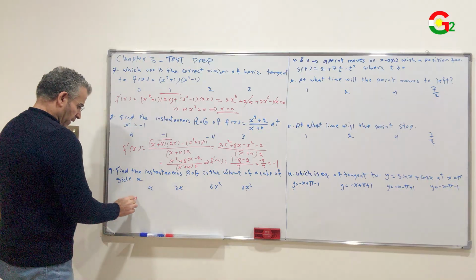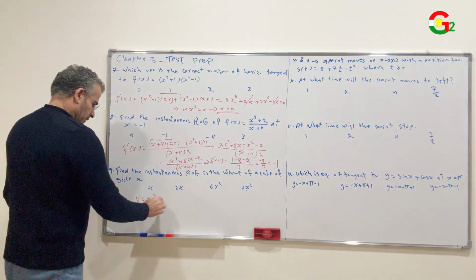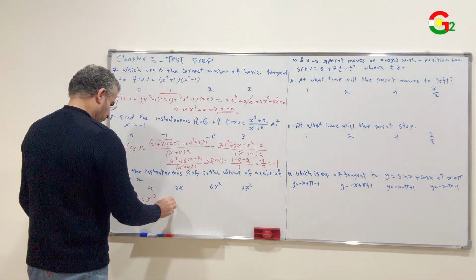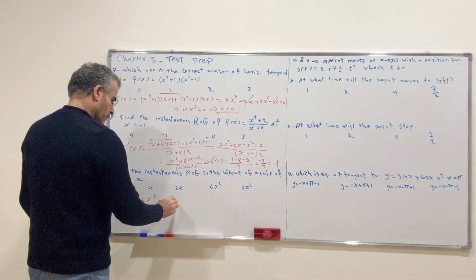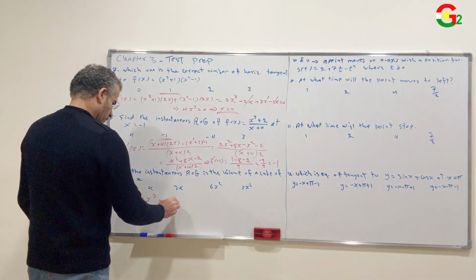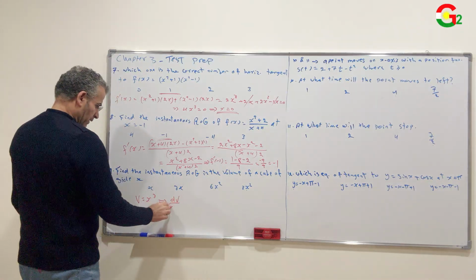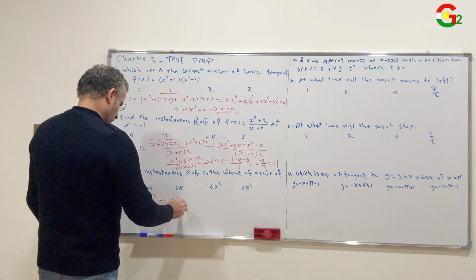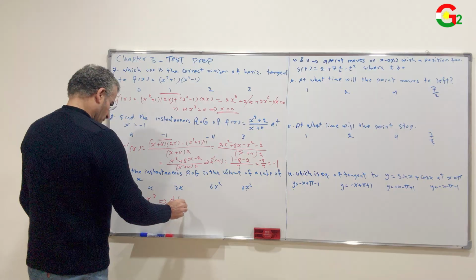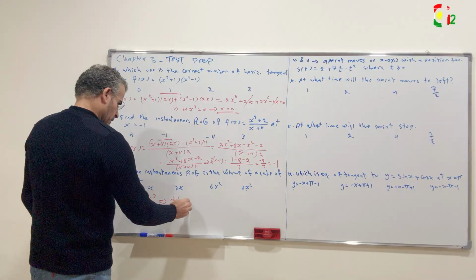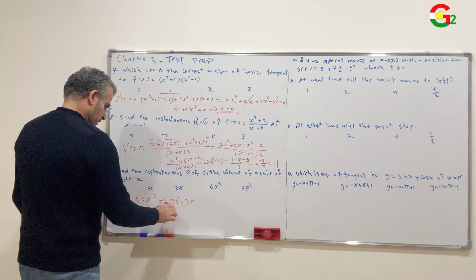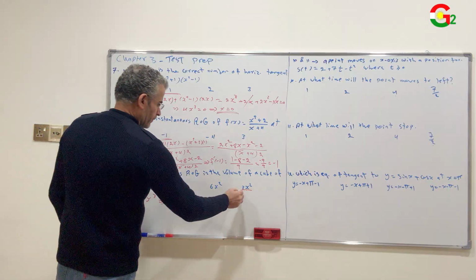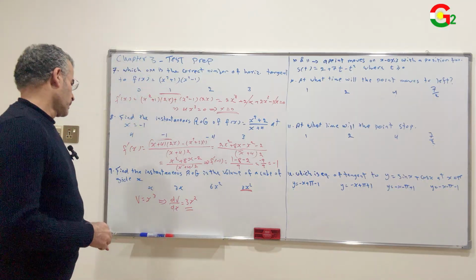The volume of the cube equal to x power 3, then the rate of change in the volume of the cube, find the derivative with respect to x, 3x power 2. Choice D.